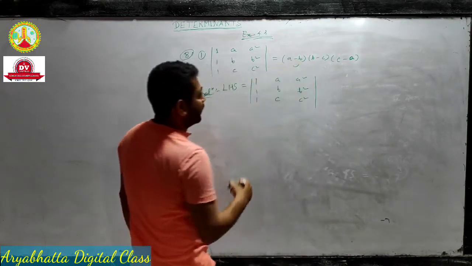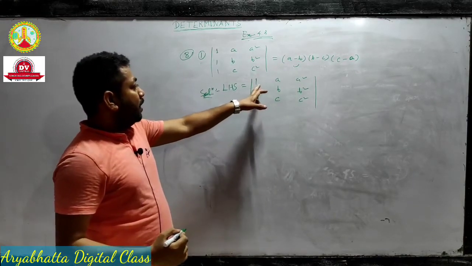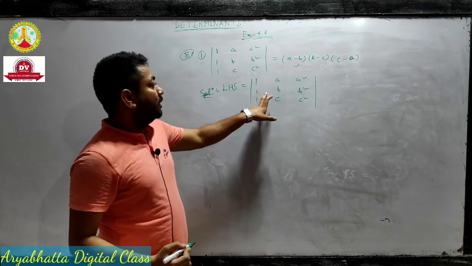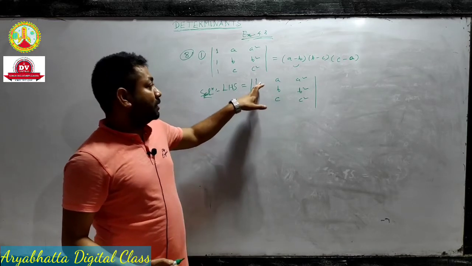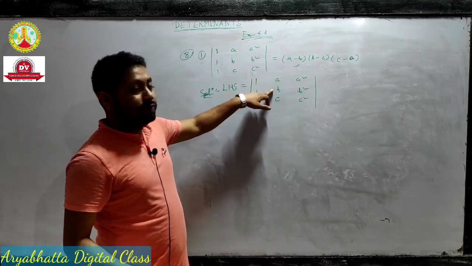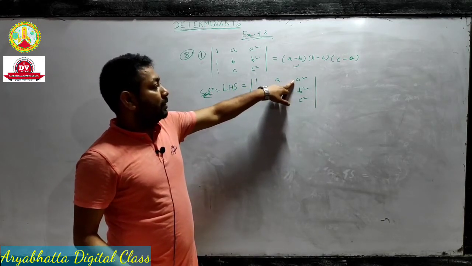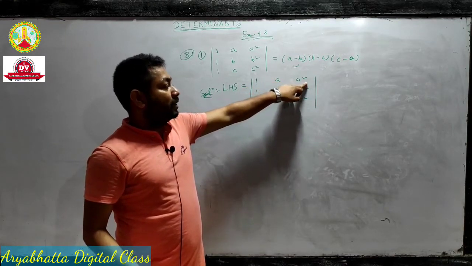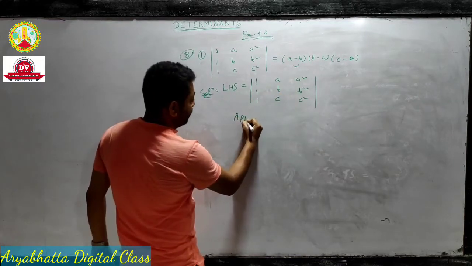For the first factor a minus b, if we apply R1 tends to R1 minus R2, then we have 1 minus 1 is 0, a minus b, and this value becomes a square minus b square, that is equal to a plus b into a minus b.